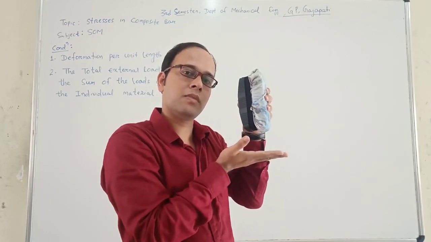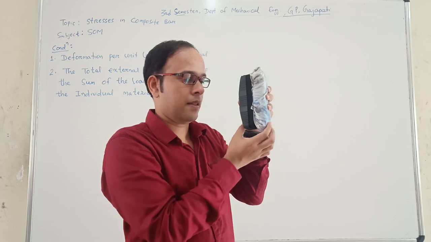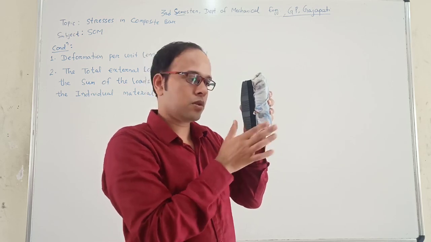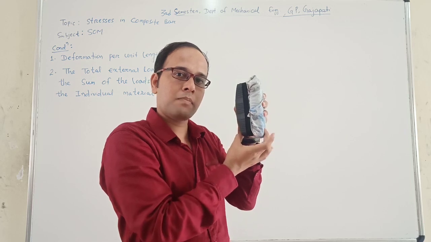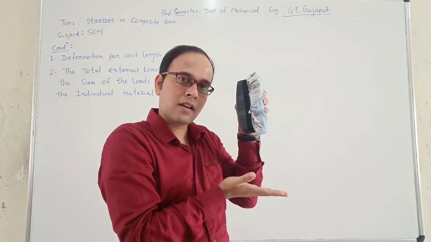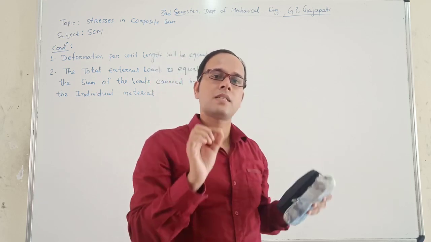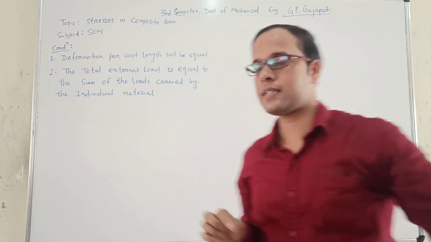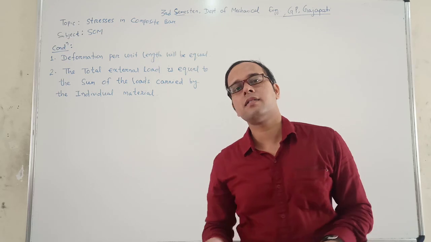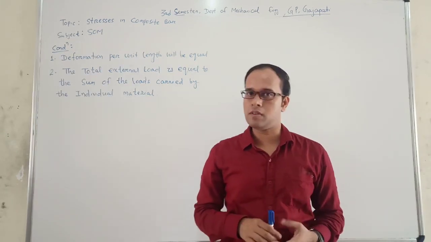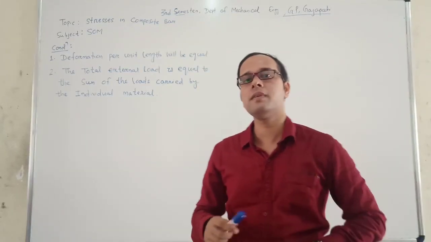Let it be 12 mm. I join the materials in such a way that if I apply load, extension or contraction will be the same. That means extension for both materials will be equal, or contraction for both will be equal. That means deformation will be equal.